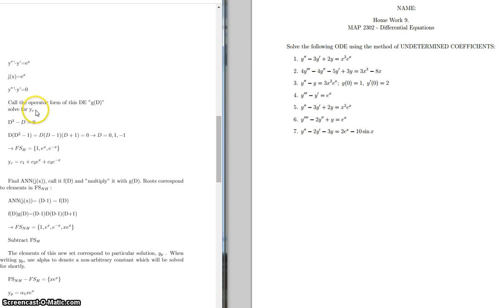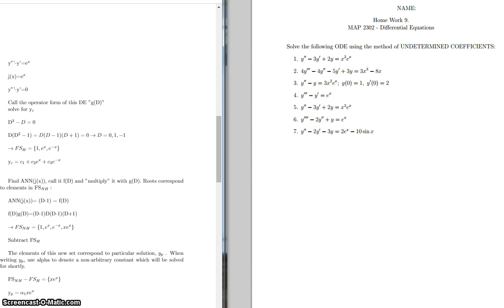And solving for the constant solution to this differential equation will be using the method we used in the previous problem. So the roots of this polynomial, we're going to factor it out. We find that it is factored into d times d minus 1 times d plus 1. So our roots are d equals 0, 1, or negative 1.